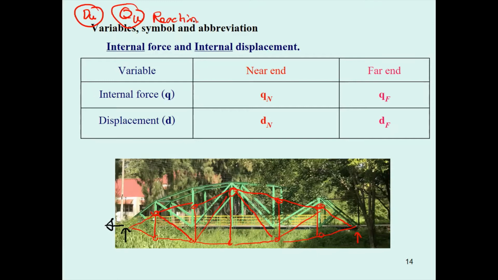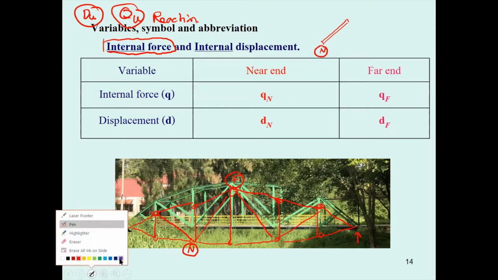Now, the next step is to determine the internal forces. This requires you to consider the member. For example, let us consider this member. Just take this member, and if you remember, it has a node over here and a node over here. Let's call this one the near end, N, and this one the far end, based on the local coordinate in this direction.